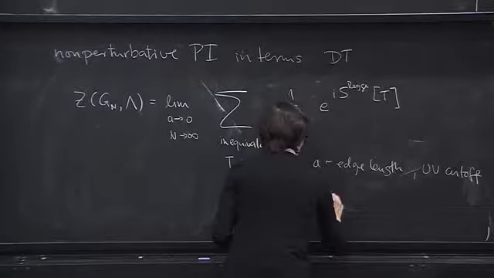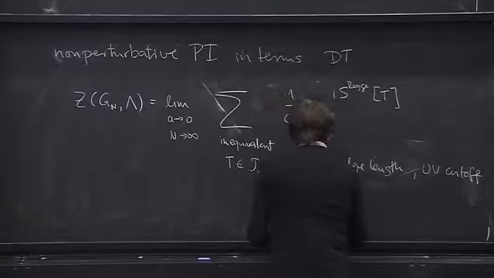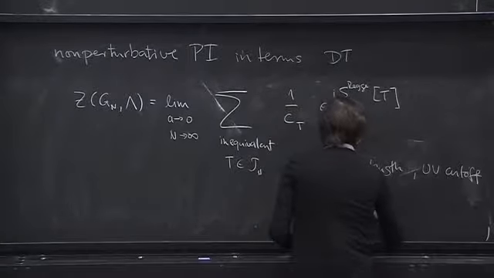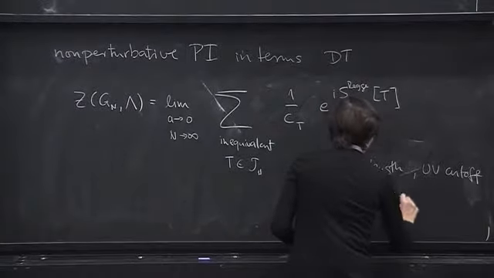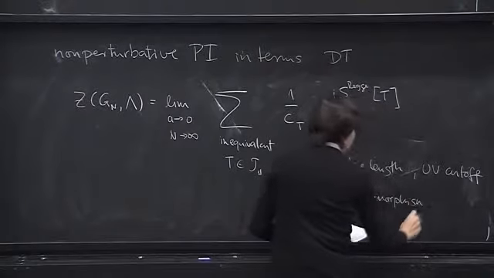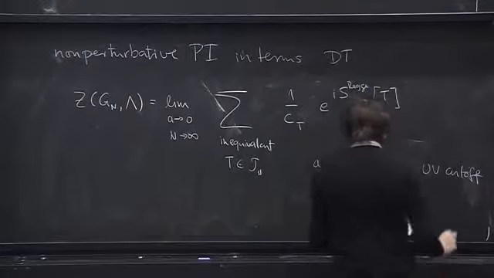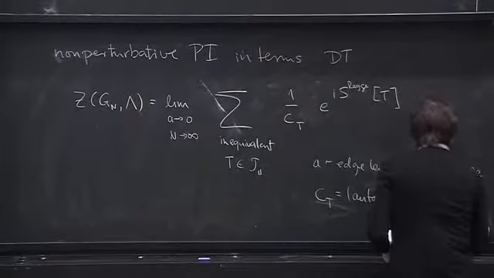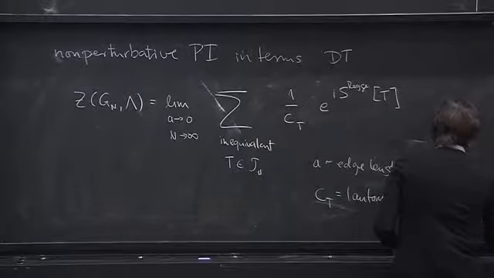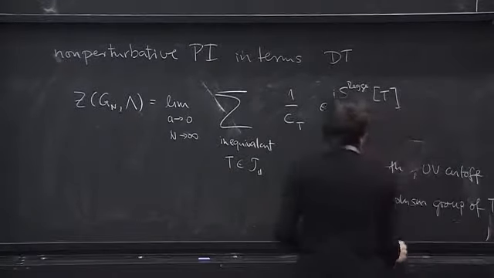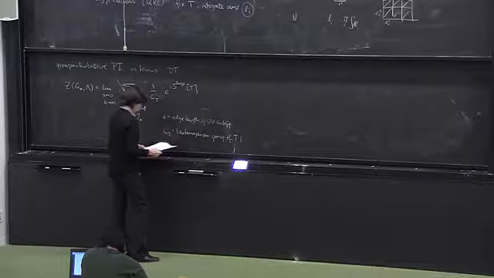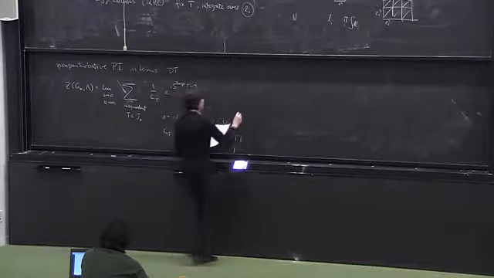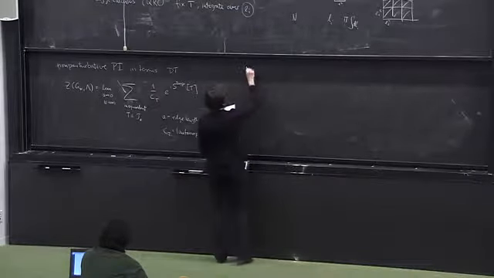Now, what is C_T? This is the size, the number of elements, of the automorphism group of the triangulation T. And I explain this also in a second.